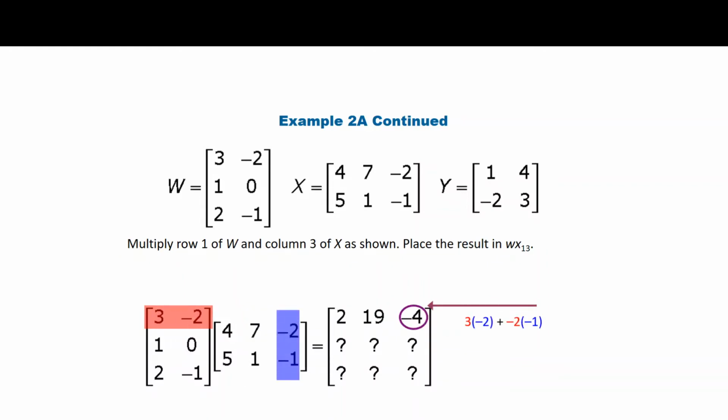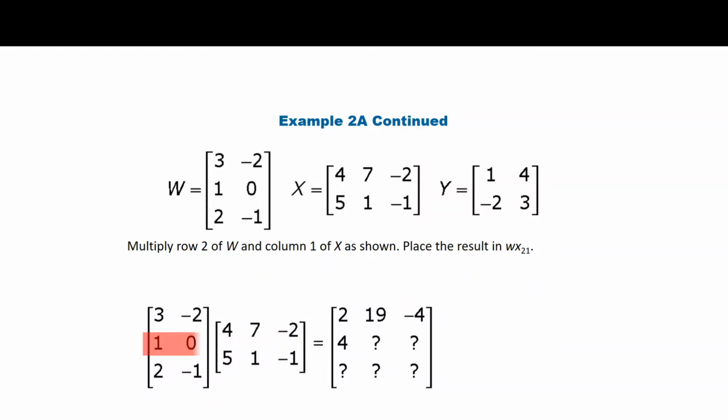Same row, the third column now. So 3 times negative 2 is negative 6, and then negative 2 times negative 1 is positive 2. So negative 6 and a positive 2 gives us a negative 4. So there's how we get our next position.